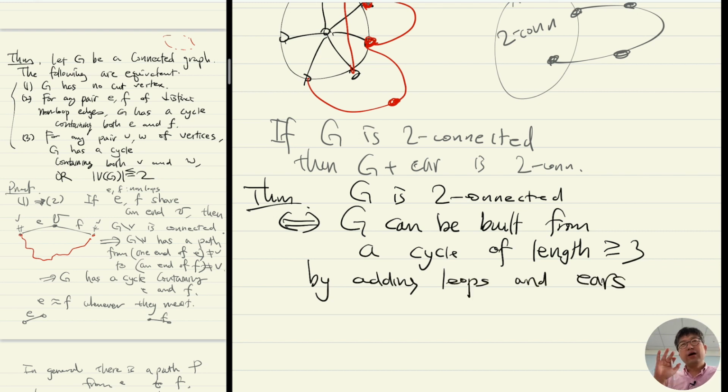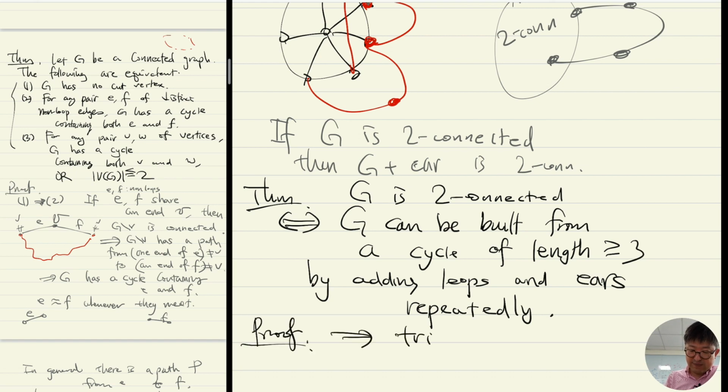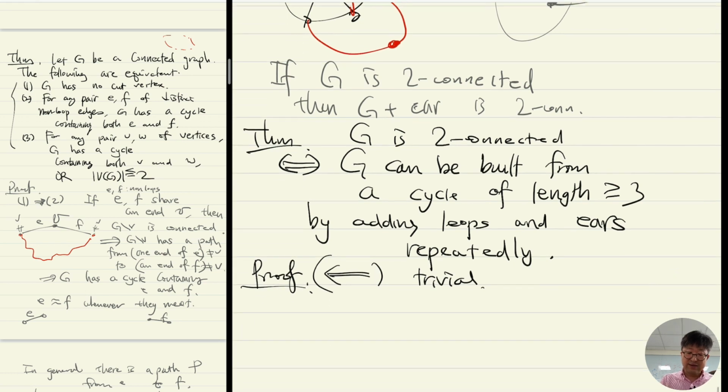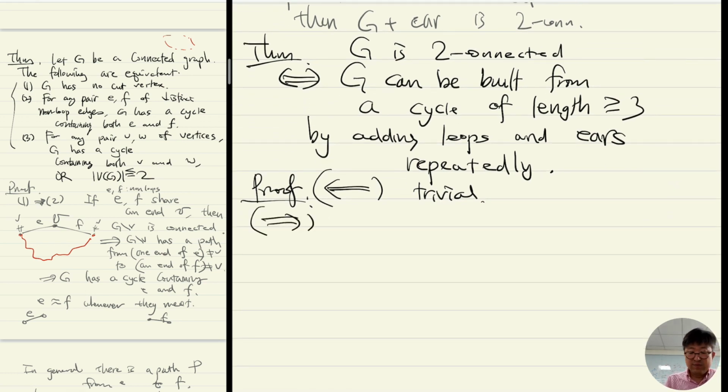Adding loops is always allowed because that doesn't change any vertex connectivity. So that's the theorem. One direction is trivial because we already observed that whenever you start with a two connected graph, adding an ear or adding a loop keeps it two connected. So what about the non-trivial direction?